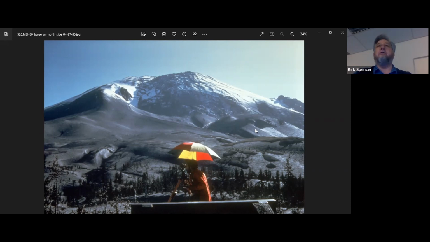His name was Harry Truman, not the old famous Harry Truman, just another guy named Harry Truman that had a house right down here, the base of the mountain, right underneath the Goat Rock. He was like 80 years old, and he said, I've lived here all my life, I'm going to stay. And he stayed, and now he's under about 200 or 300 feet of pyroclastic debris.